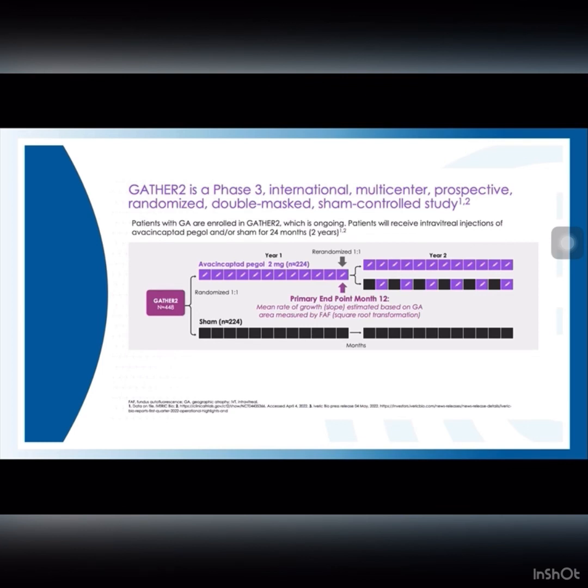In the second year, patients treated with avacincaptad pegol will be re-randomized to receive treatment either monthly or every other month, and the sham patients will continue to receive sham for 2 years. This trial is fully recruited, and we expect data from this trial in the near future.